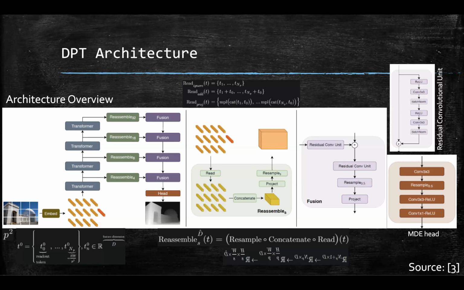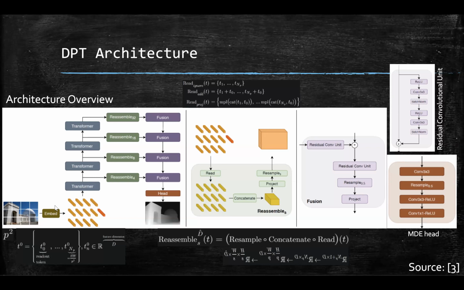And to cite the paper here, ViT extracts a patch embedding from the image by processing all non-overlapping square patches of size P squared. So here we have the image, and then we made patches of that image. We made P squared patches. The patches are flattened into vectors and individually embedded using a linear projection here.